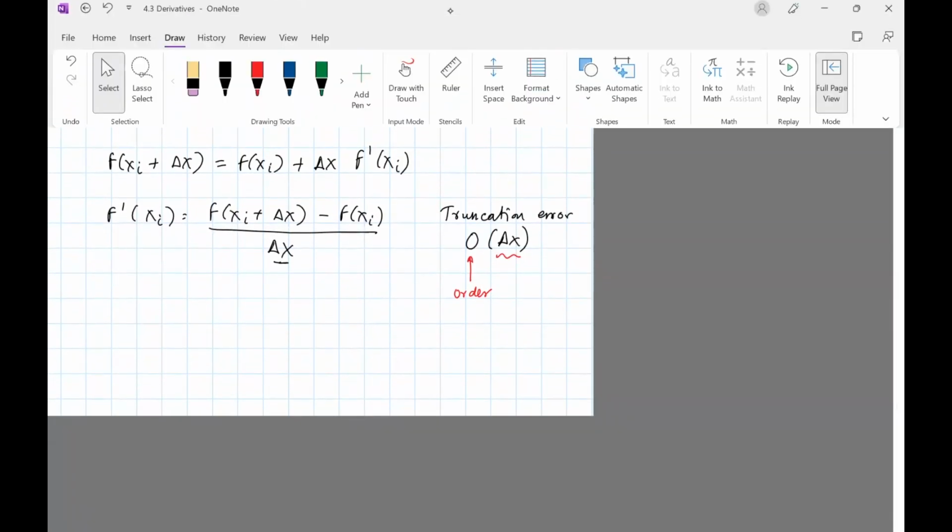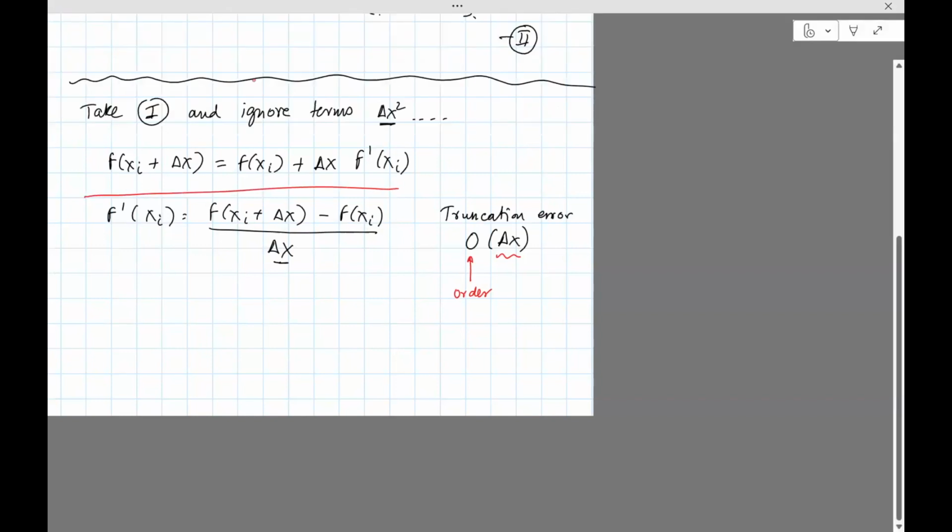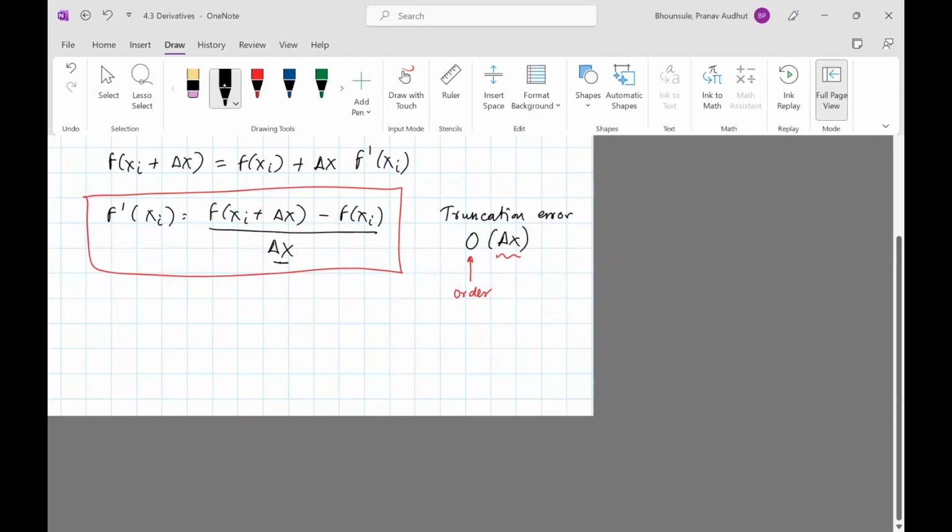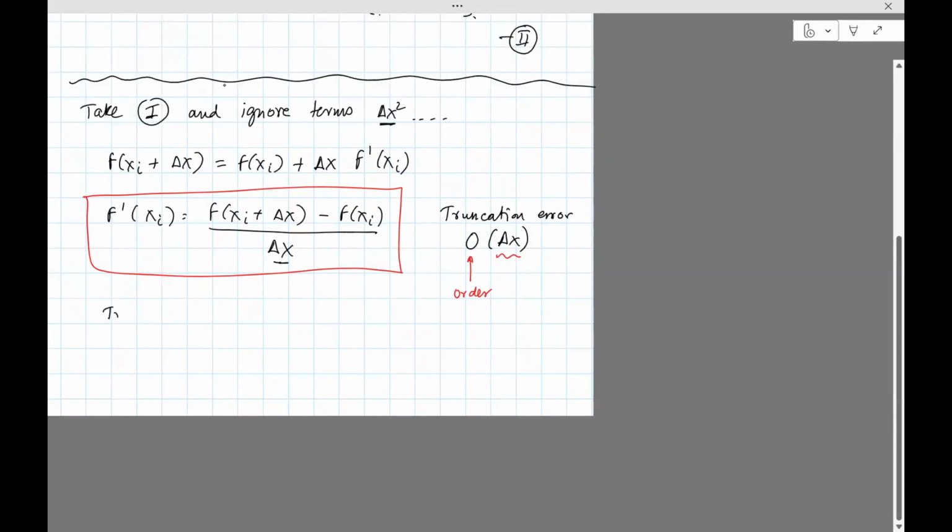Okay, so this formula, which I wrote down here, has a name, and it's called the 2-point forward difference approximation.